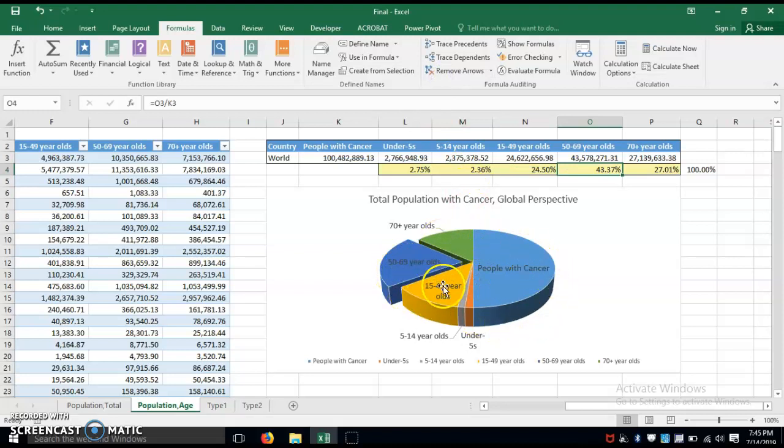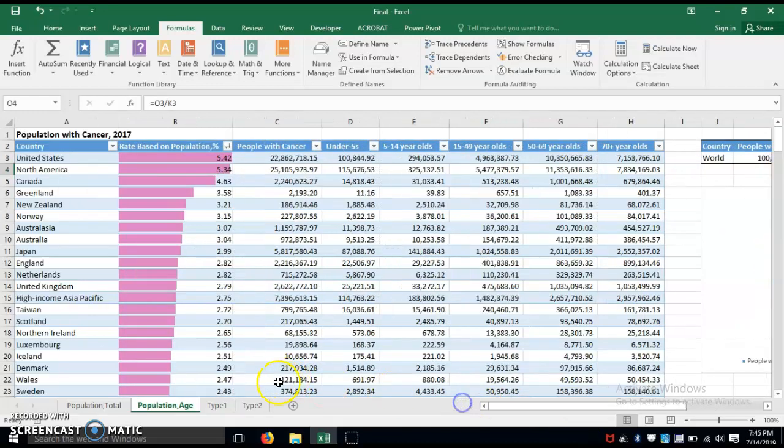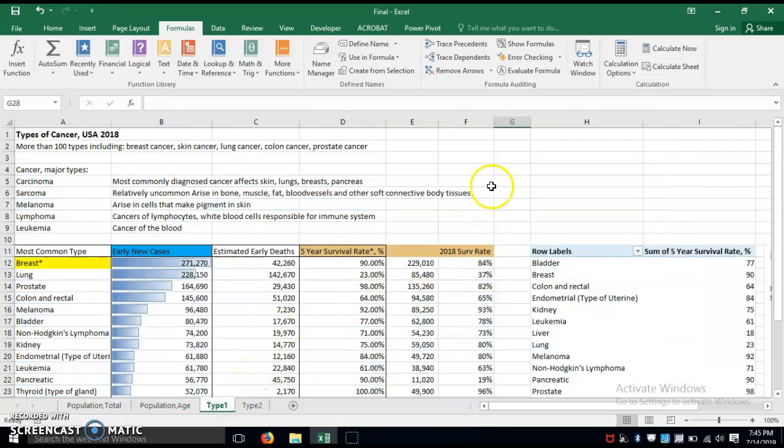Here's the nice chart that shows people with cancer, and out of this, the age group of 50-69 years old. Then type of cancer. There are 5 different groups.